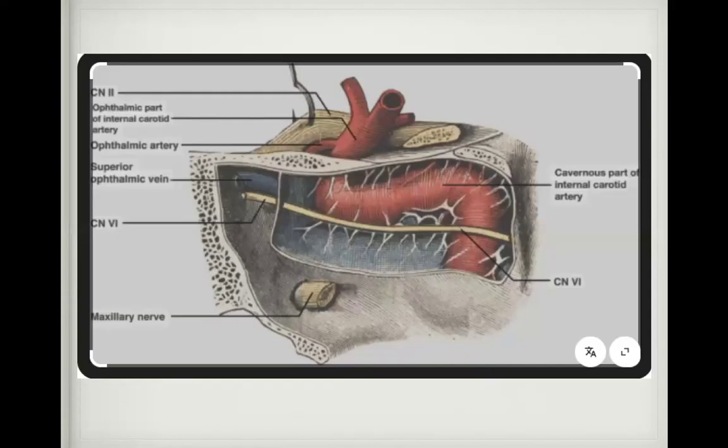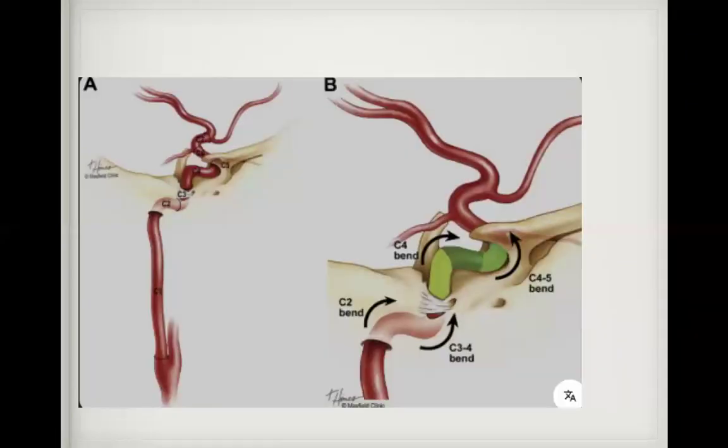Okay, so this is what it looks like pictorially. We can see how it ascends and then goes forward and then ascends again. That's also known as the carotid siphon. I think we can see the labeling very clearly. This is how it goes through the cavernous sinus. I think I have another image that shows it even more beautifully.